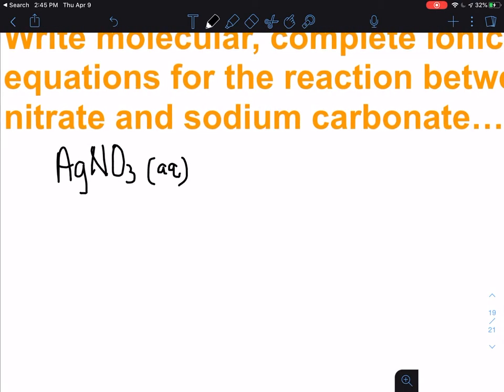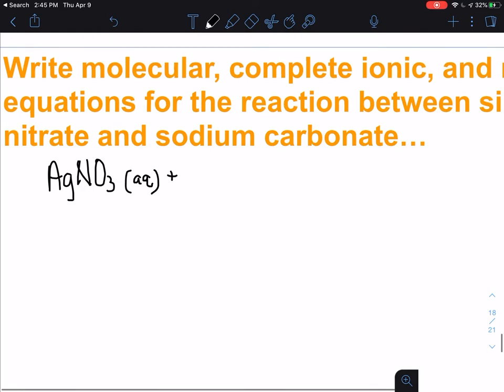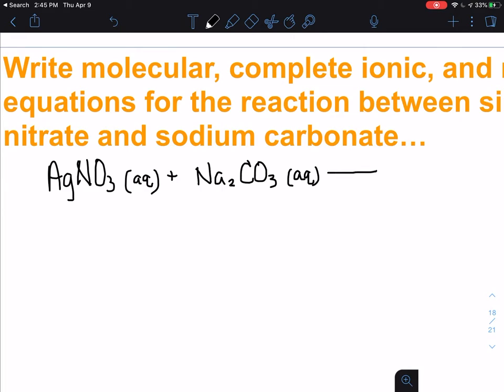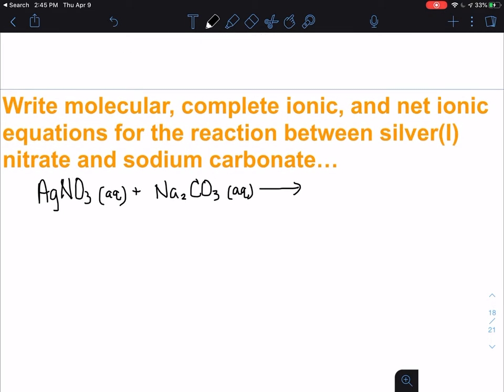Consult my solubility table. Plus sodium carbonate, Na2CO3, because sodium is always a +1 cation and carbonate is a -2, and that is also aqueous. And that goes to, we don't know just yet.